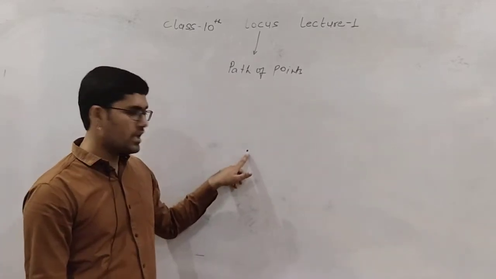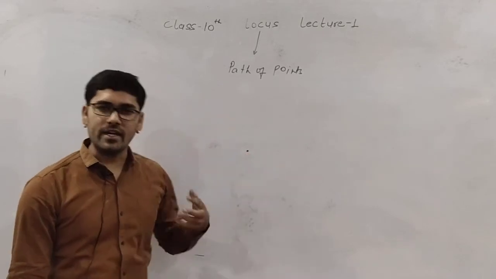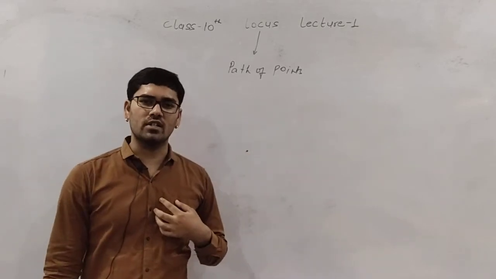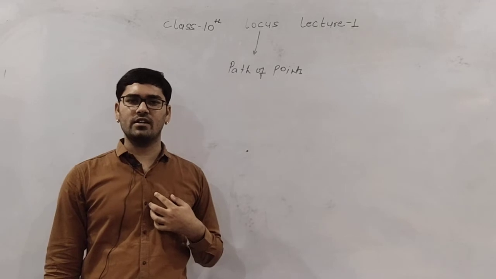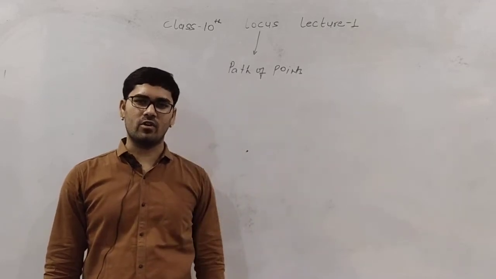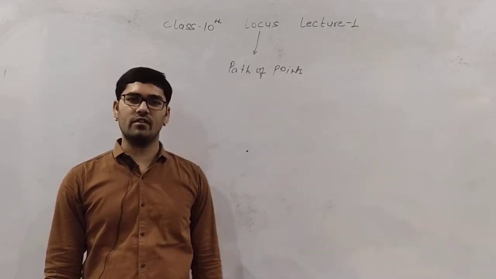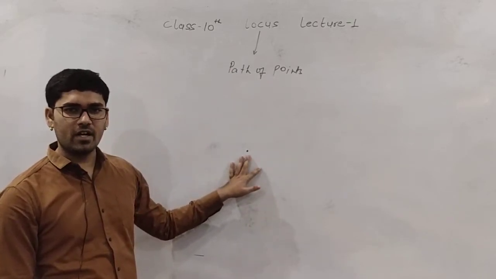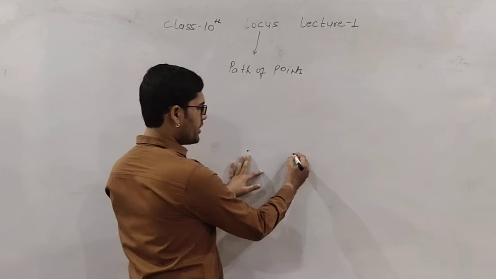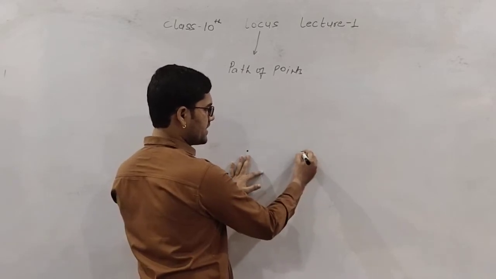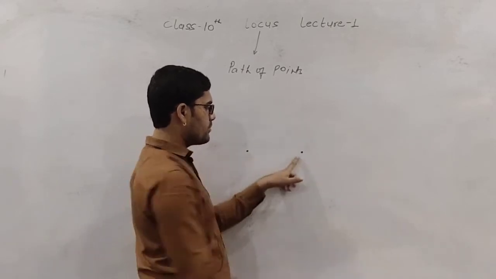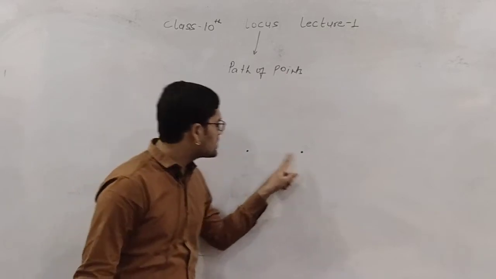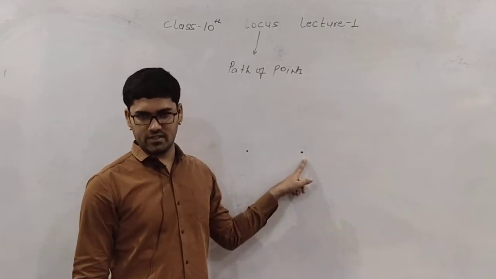I am supposed to find the locus, for example, 3 centimeter away from this point. This is a point which is 3 centimeter away.